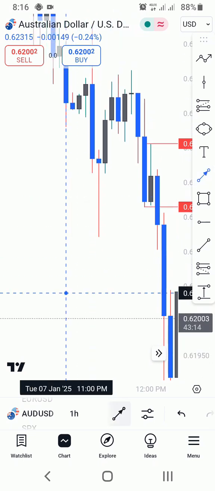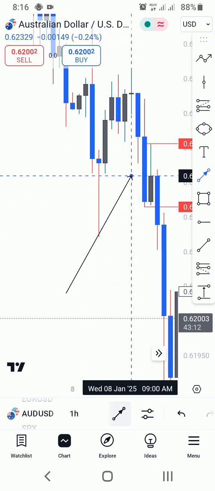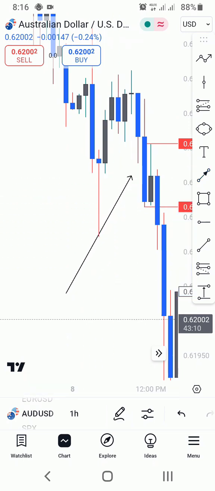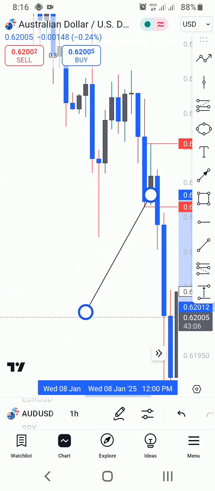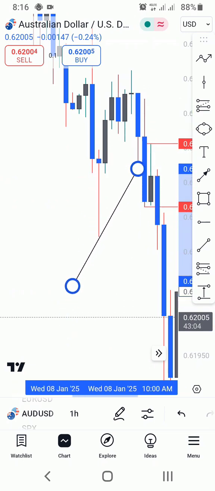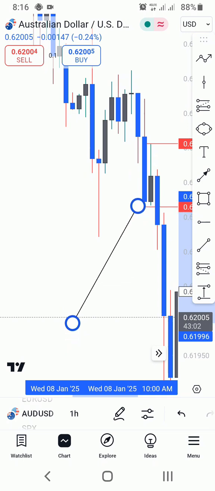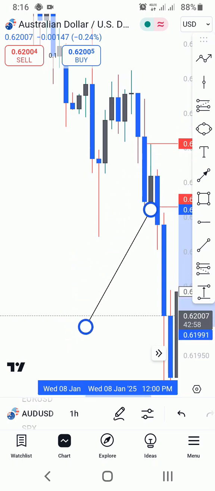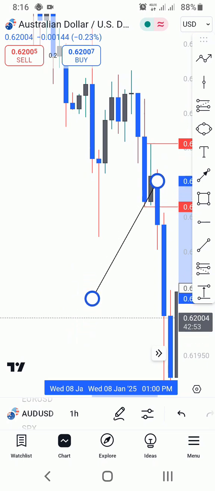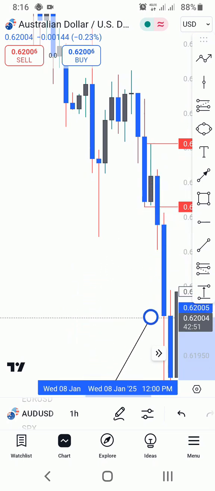So this is it. This blue candle came down, it made a low, it made a high, it tried to break this low but it failed. It came back here, it made this high, and this high is the one responsible for this break.